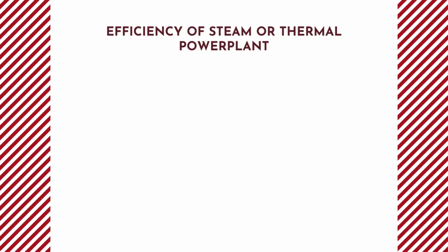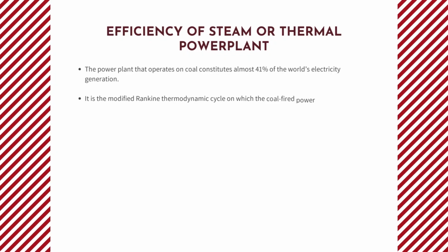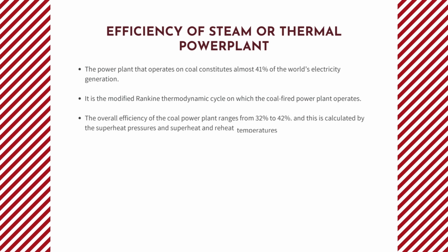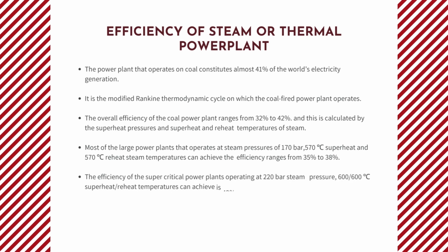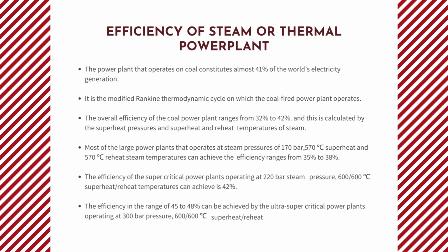The power plant that operates on coal constitutes almost 41% of the world's electricity generation. It is the modified Rankine thermodynamic cycle on which the coal-fired power plant operates. The overall efficiency of the coal power plant ranges from 32% to 42%, and this is determined by the superheated steam pressure and the superheat and reheat temperature of the steam.